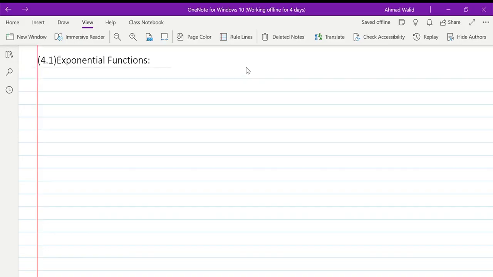Any function that's written in the form of f of x equals b to the power of x, we call it an exponential function. Here, your b cannot be 1. Your b also cannot be less than 0.